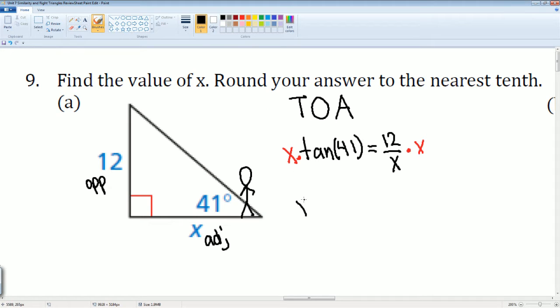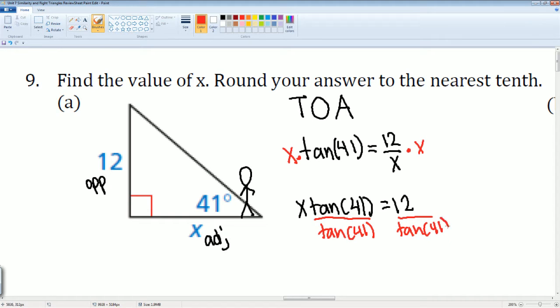Now I get x tan 41 is equal to 12. Why? Because this goes away. This disappears. That's the reason why I just get 12 on the right hand side. I need x alone, so now I'm going to divide by tan 41.